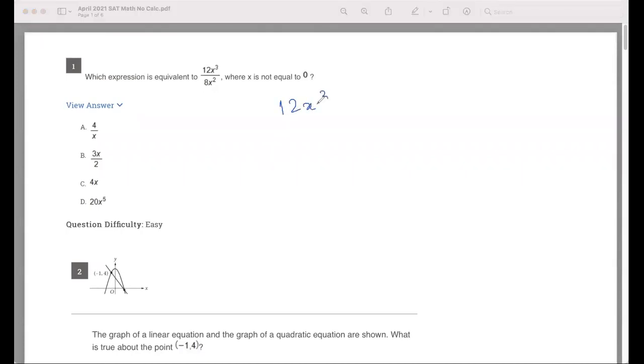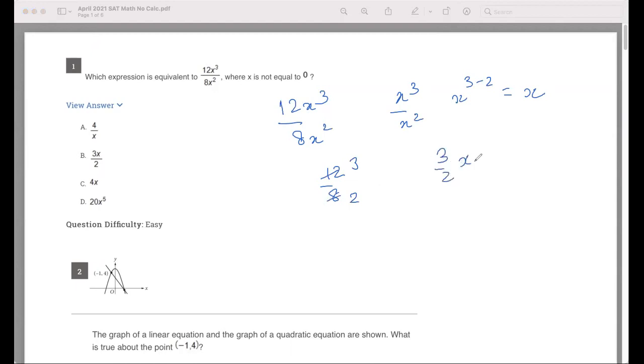So 12x cubed divided by 8x squared. X cubed by x squared, I can write as x to the power 3 minus 2, which is just x. And 12 by 8, I can simplify to 3 by 2, since 4 3s are 12, 4 2s are 8.